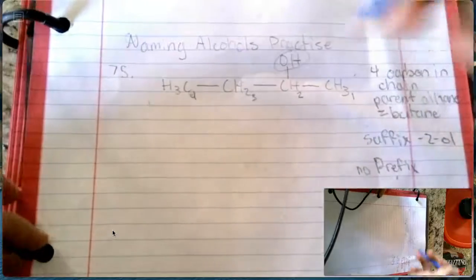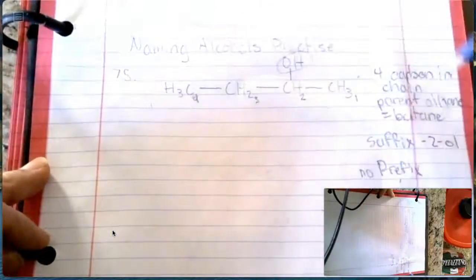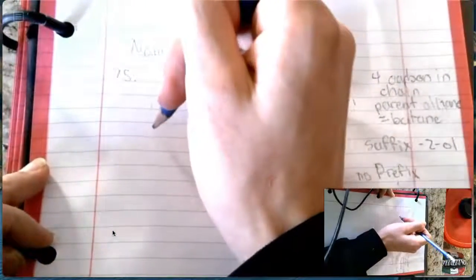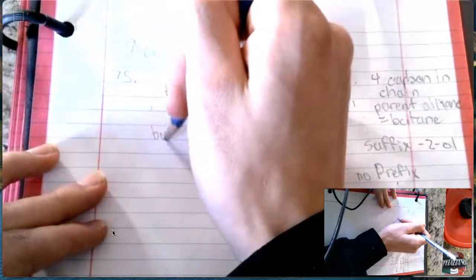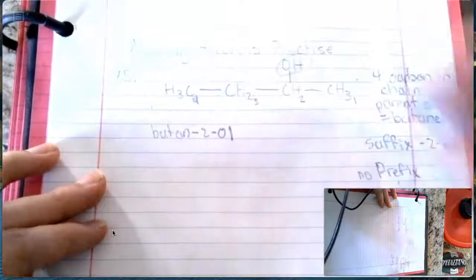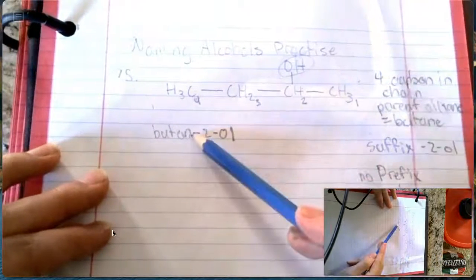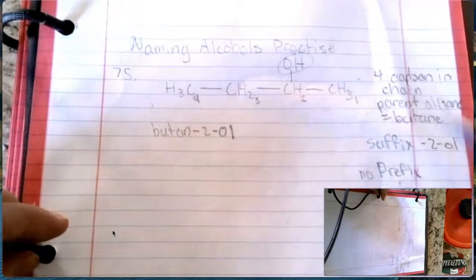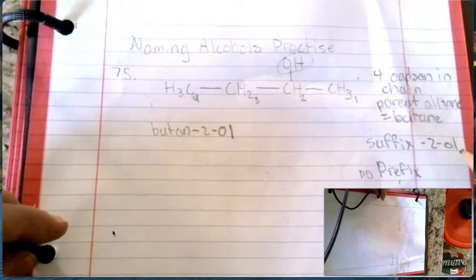So therefore, the name of this compound right here will be butan-2-ol. And remember, we omit the E at the end of the parent alkane because the suffix started with a vowel.